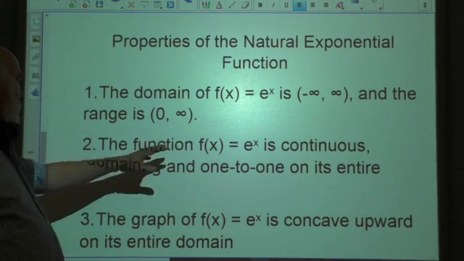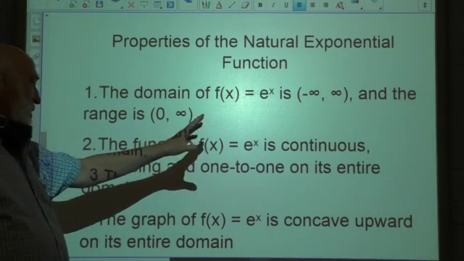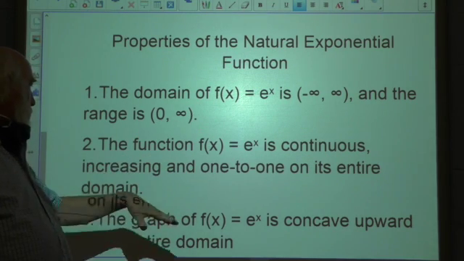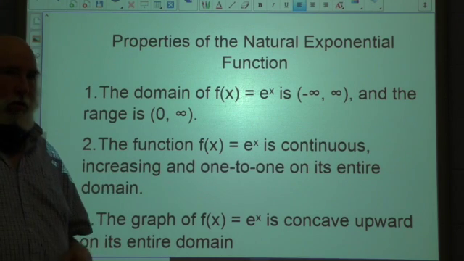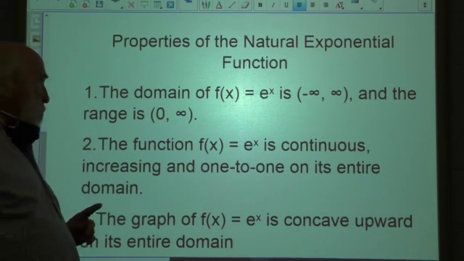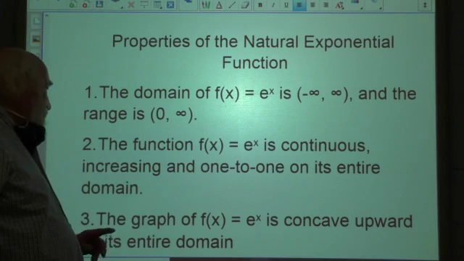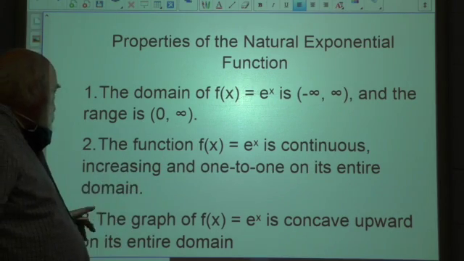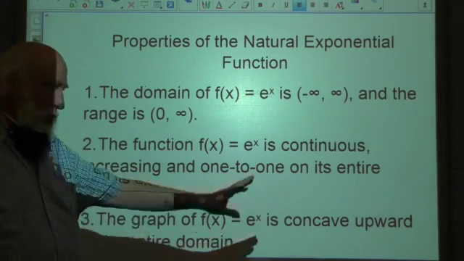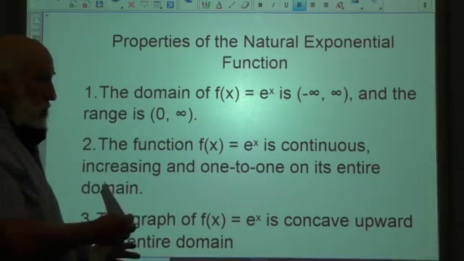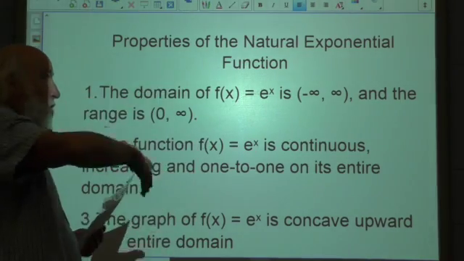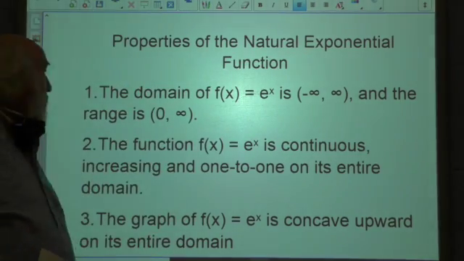The function f of x is e to the x power. That is continuous, increasing, and one-to-one on its entire domain, meaning that if you were to draw a horizontal line, it's only going to intersect that curve one time. And it is concave upward on its entire domain. So it means the shape of the curve is facing upward and not downward.